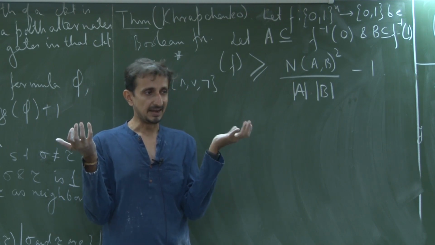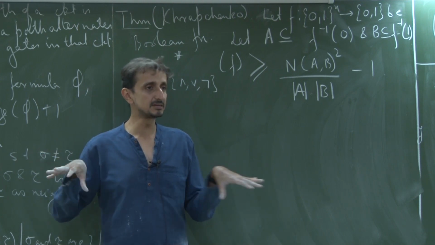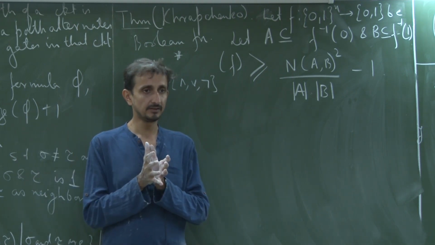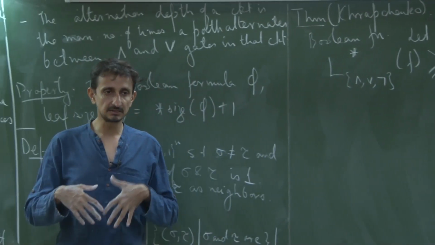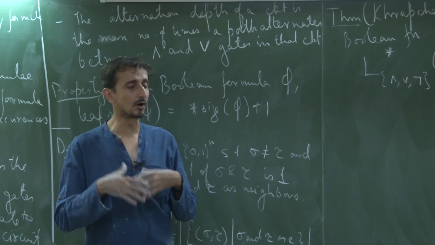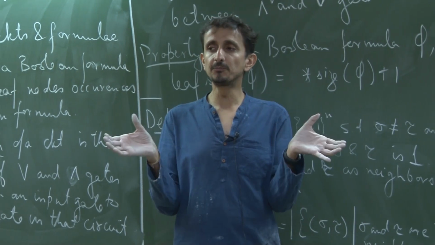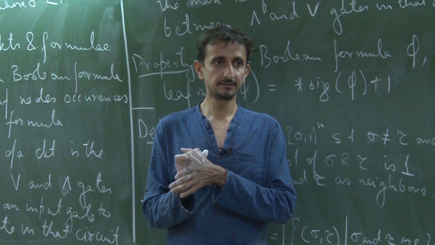And if A and B are very separate, there are not many neighbors between them, then the complexity of f becomes smaller. This is a very nice connection. It relates the circuit complexity, or in this case the formula complexity, of a function with how many tuples are close or not so close.